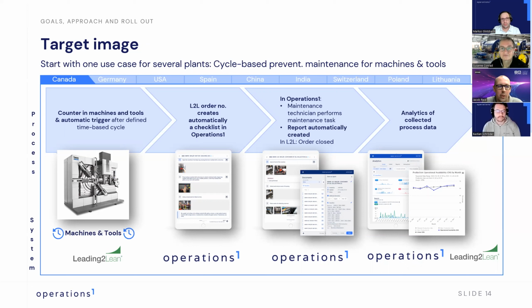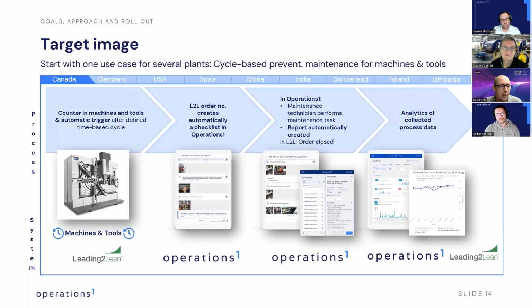We wanted to continue building on those lean fundamentals that we'd already established, but we wanted to replace our current static maintenance system with something that was more flexible, something that was more digital. And as mentioned before, we also wanted to provide seamless integration with our leading to lean system that the shop floor was already using every day. And we wanted to realize this in all of our production sites as listed across the top.